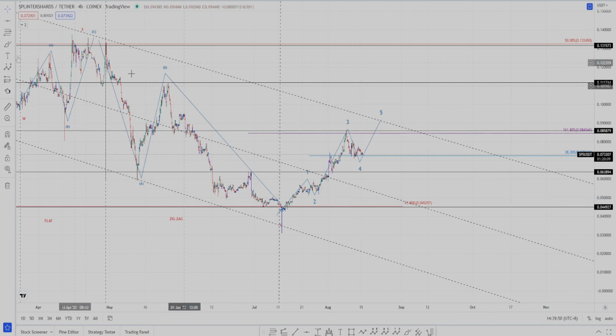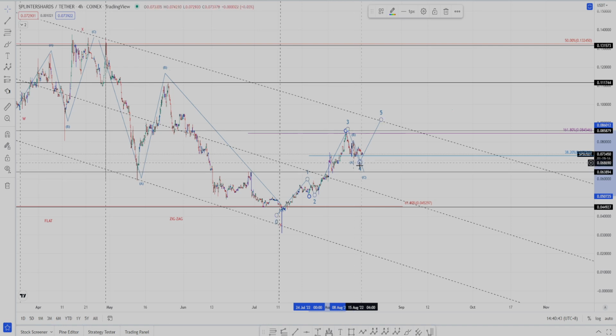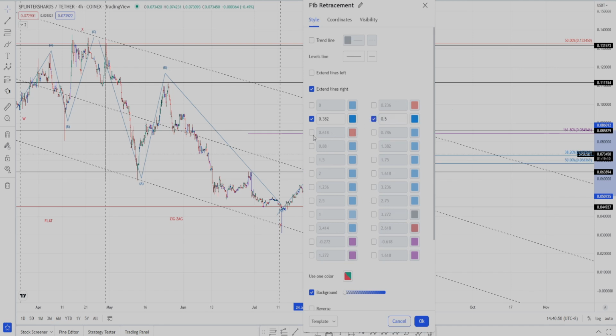But that's not to say though that we won't see a further move down, because it's also possible that our C wave is going to be the same length as our A wave. And I suspect that would be somewhere around the 60% retracement level. So let's just check that as well. Put the 50% in.